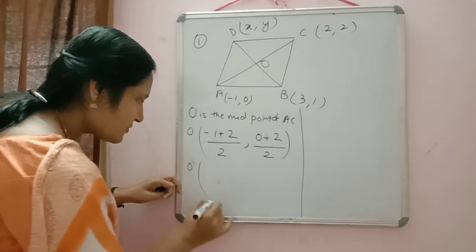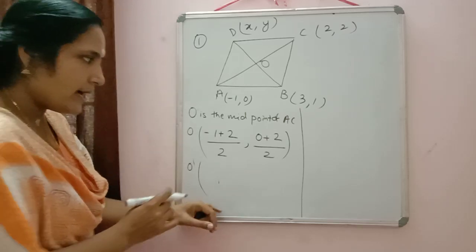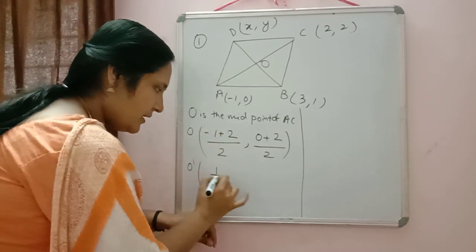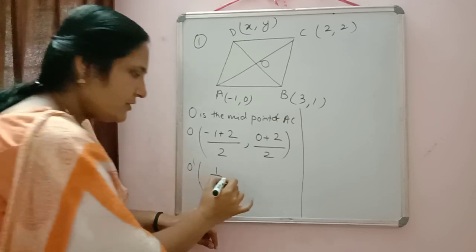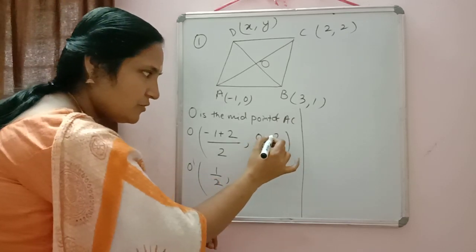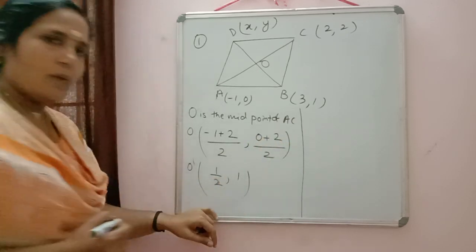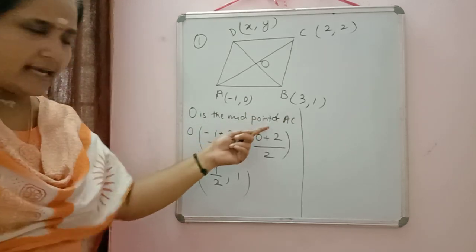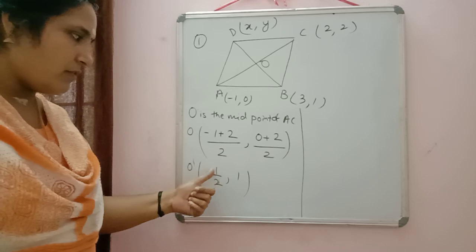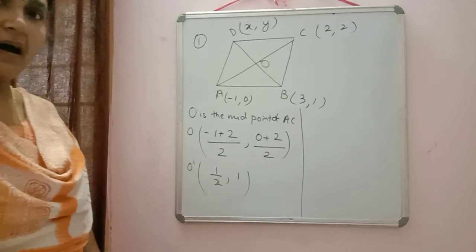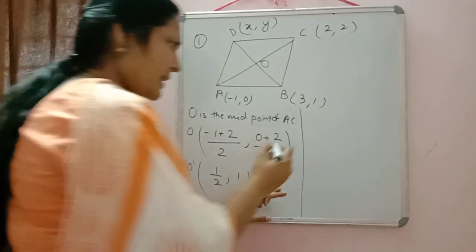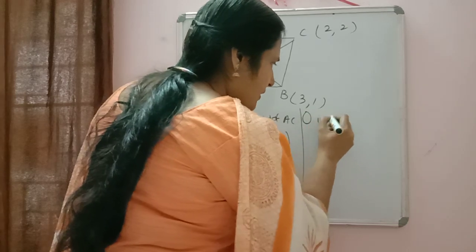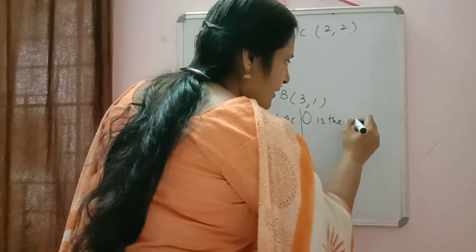So we will get the x coordinate of O as 2 minus 1 is 1, so 1 by 2, and here 0 plus 2, 2, divided by 2, 1. So when we have taken O as the midpoint of AC, we got O as (1/2, 1).